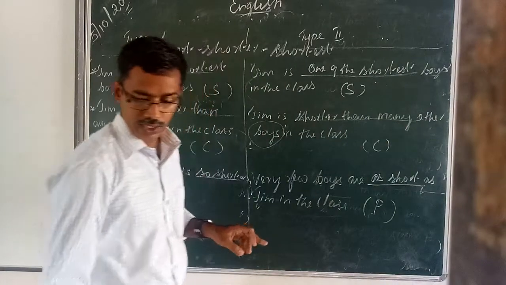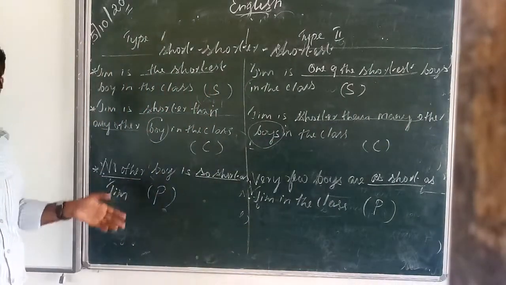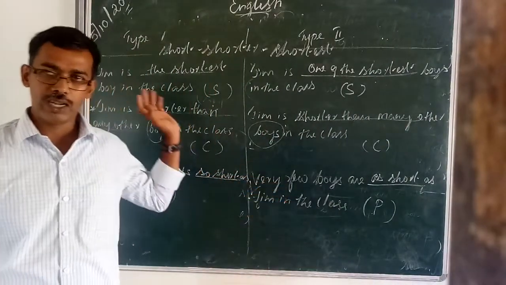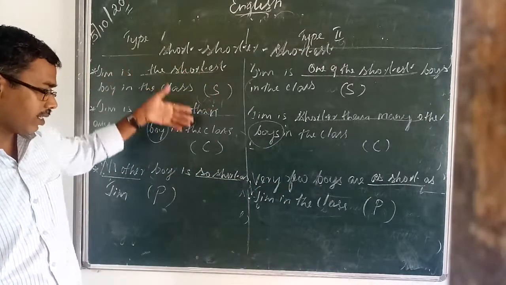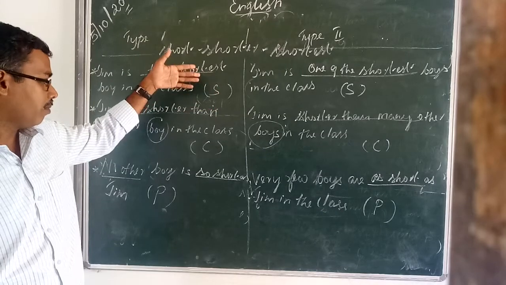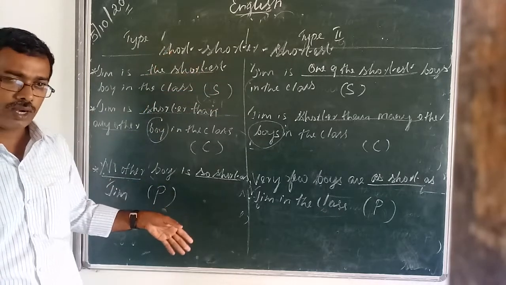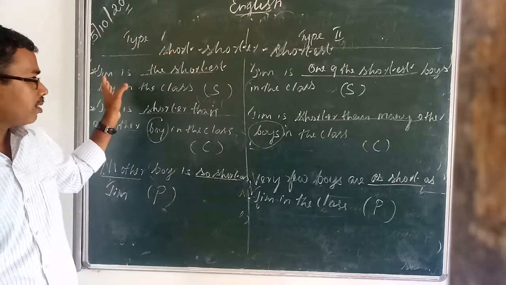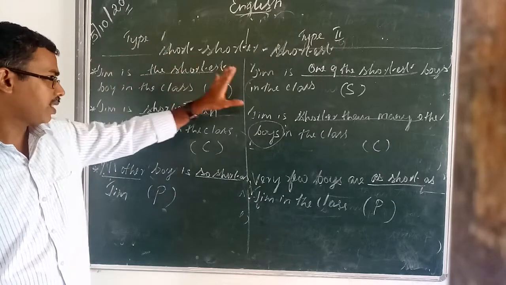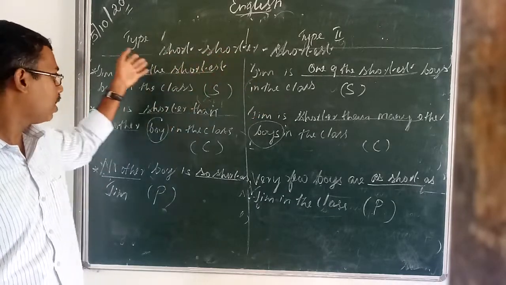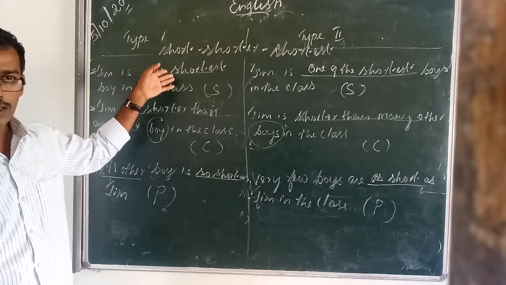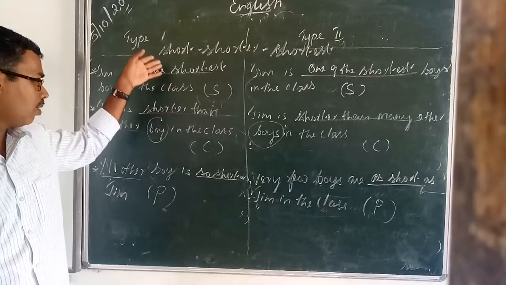So in this class I have taught you the first type and the second type, with examples and sentences, superlative, comparative and positive. Then I made a difference between the first type and the second type using another example. Now I have given this choose the best form. How to fill this one?